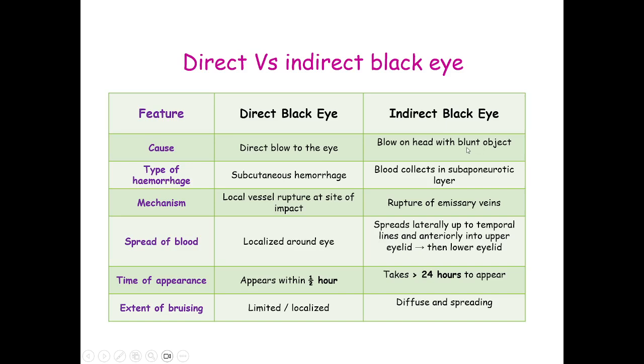The patient will also say that he developed the black eye not immediately, maybe after 1 day, maybe after 2 days. In a direct black eye, the patient will say it developed within half an hour. So the indirect black eye is medico-legally significant. We need to inform the police because there is some suspicion of some kind of assault.